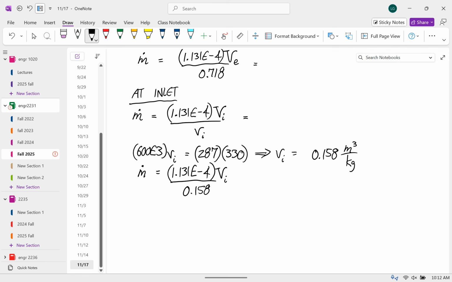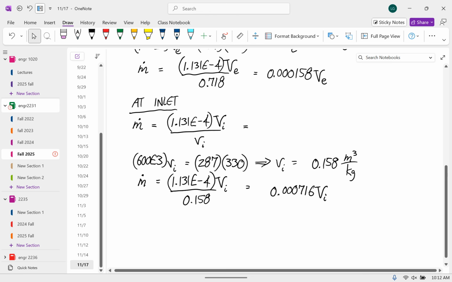So up here we get 0.000158 VE, and down here we get 0.000716 VI. Those two have to be equal to each other.